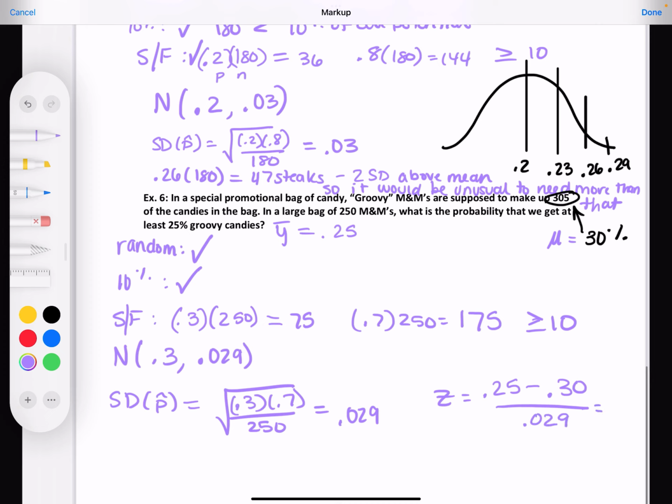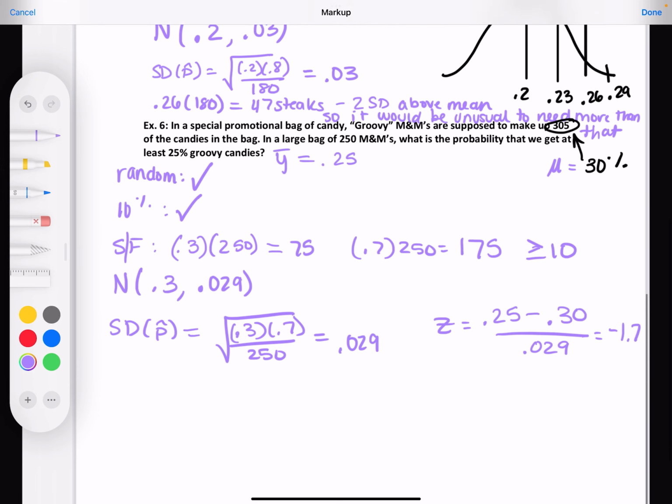Wait, how do we know? Because it's like y hat minus mu over the standard deviation. Did you say it's negative? Yeah. It's negative 1.7.